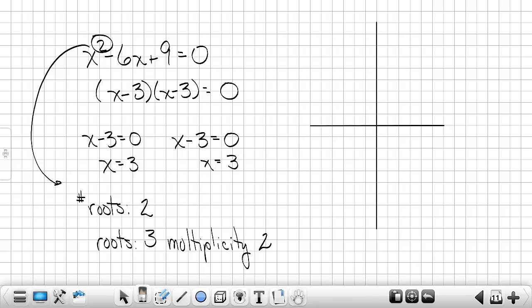This only hits the x-axis once. At what number? 3. And it is a positive x squared, so which way does the parabola face? Up. So we do our best sketch.